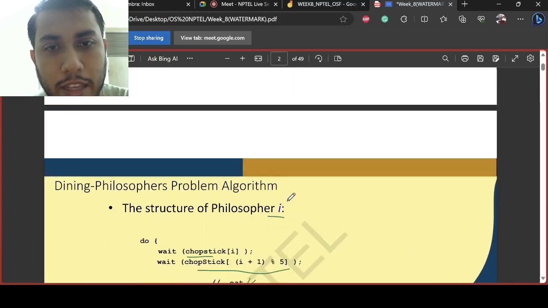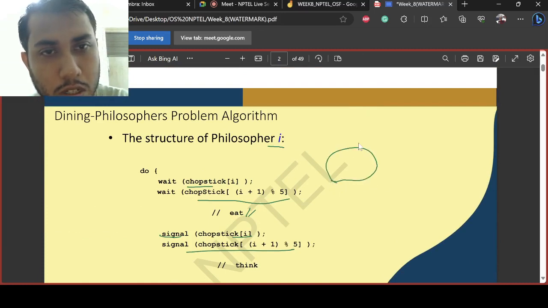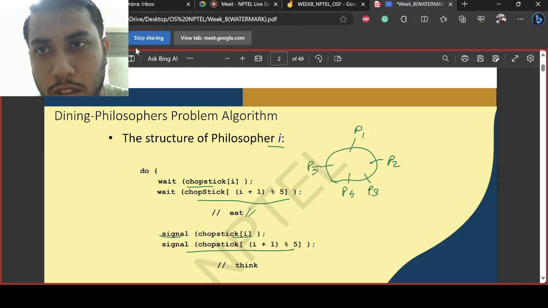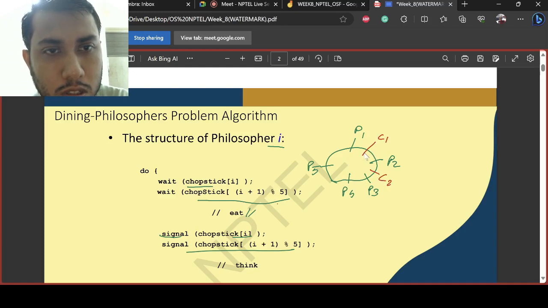So here is philosopher P1, P2, P3, P4, P5, and also you have chopsticks C1, C2, C3.